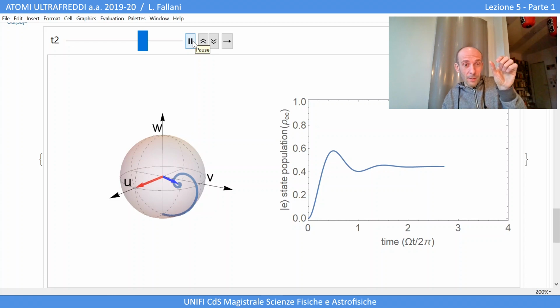So the modulus of r is less than 1, so this arrow will not point on the surface of a sphere, but in the interior of a sphere. And so the result is the damped dynamics that we have also studied before, that now is plotted on the Bloch sphere. Okay, so one can study many different examples, but this is something that we have already studied.